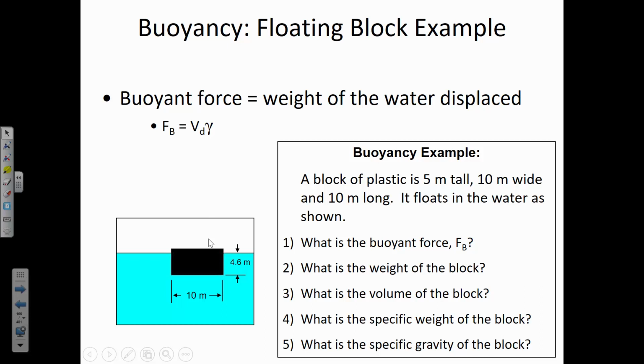Based on the way that it floats, we can calculate and determine the specific gravity of the block. We're told that it's plastic, but we can find the unit weight of that plastic by just taking a look at the way that it floats.